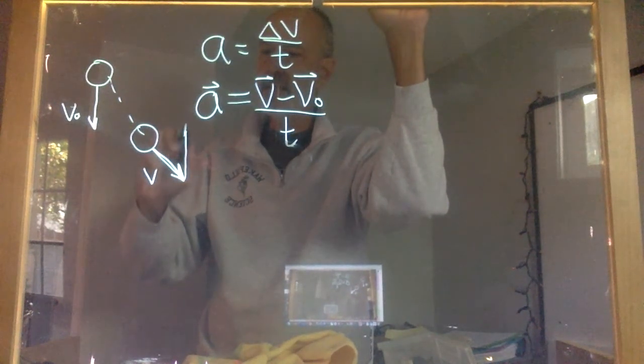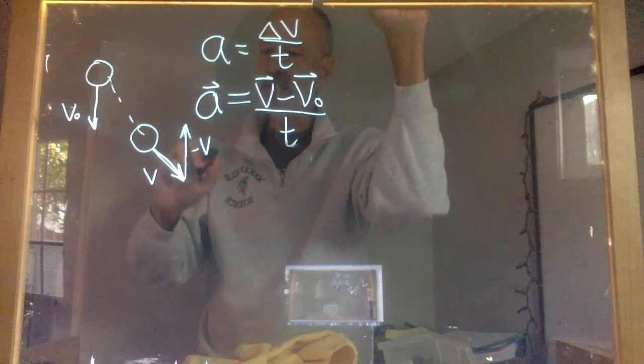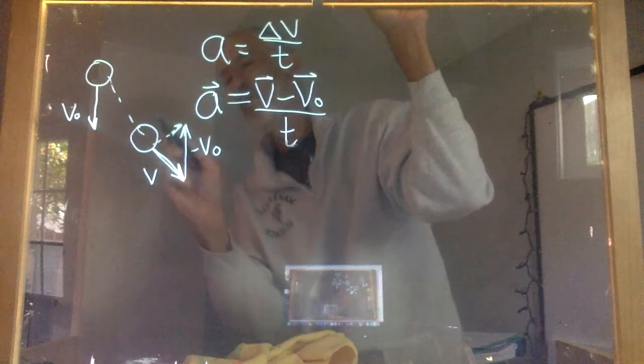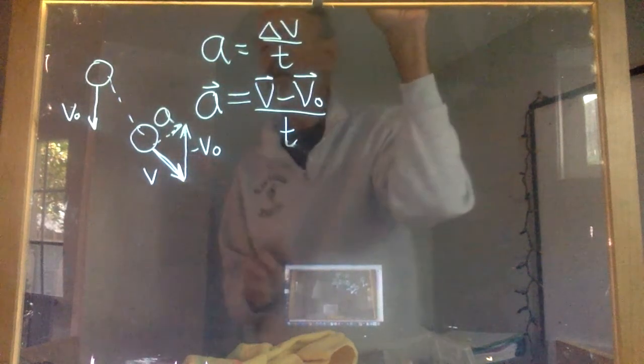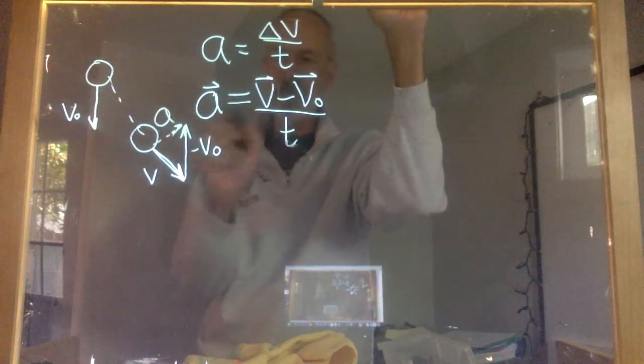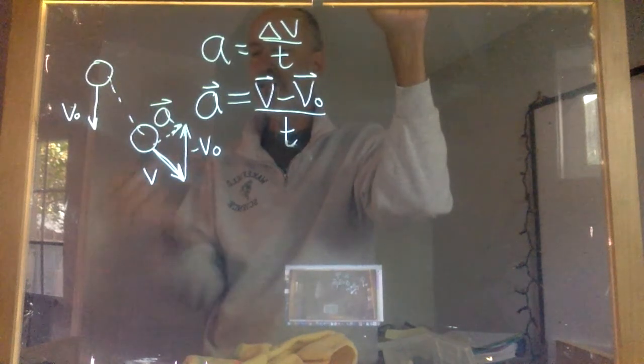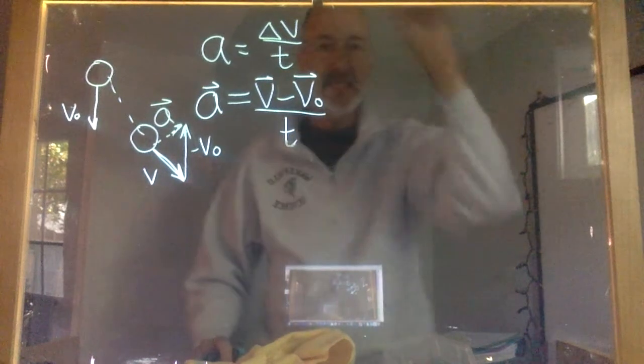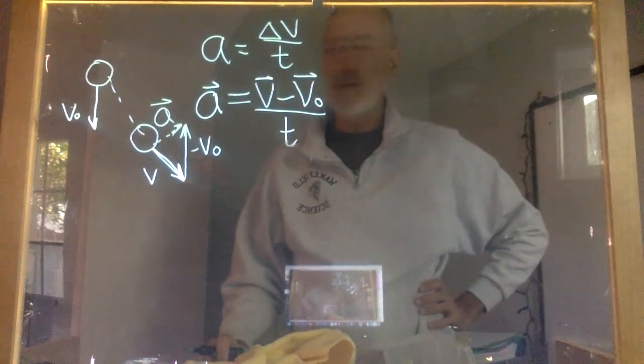So this is negative V0. And so the acceleration is in the same direction as V minus V0, and it really ends up being essentially perpendicular to the direction of travel.